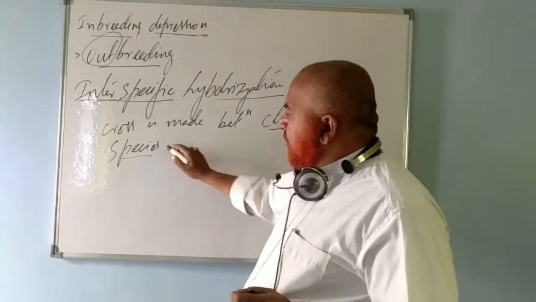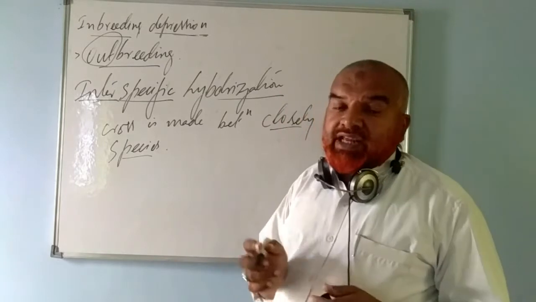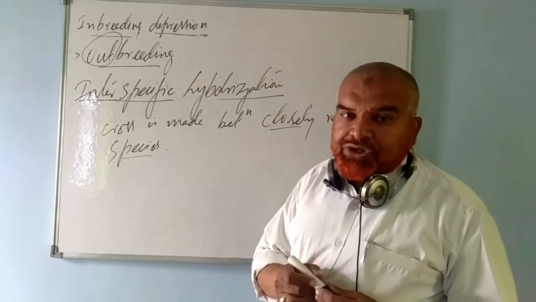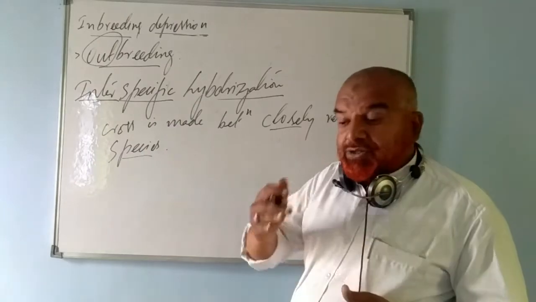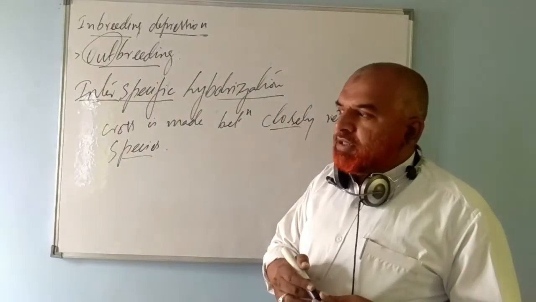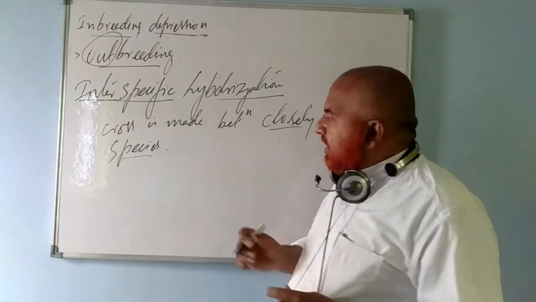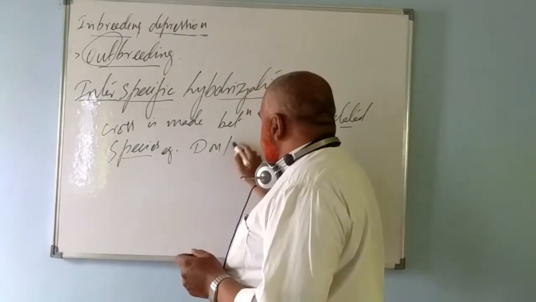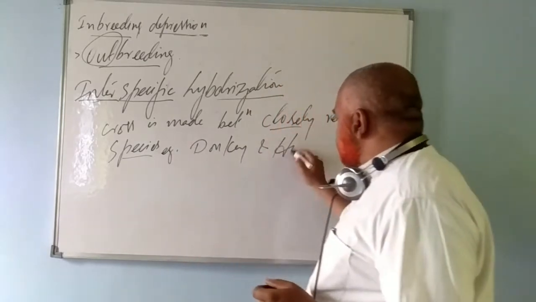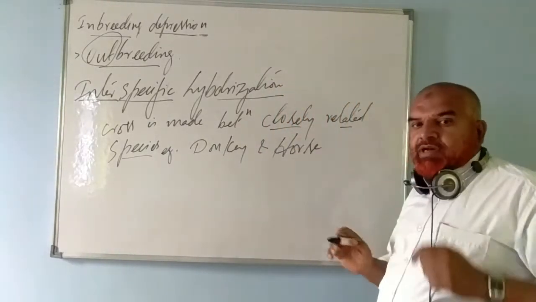Like for example, species whose ancestors are common as far as evolution is concerned. When you go for pedigree analysis, when you go back to their ancestors during the course of evolution, there are common ancestors. Like for example, donkey and horse, and also zebra.